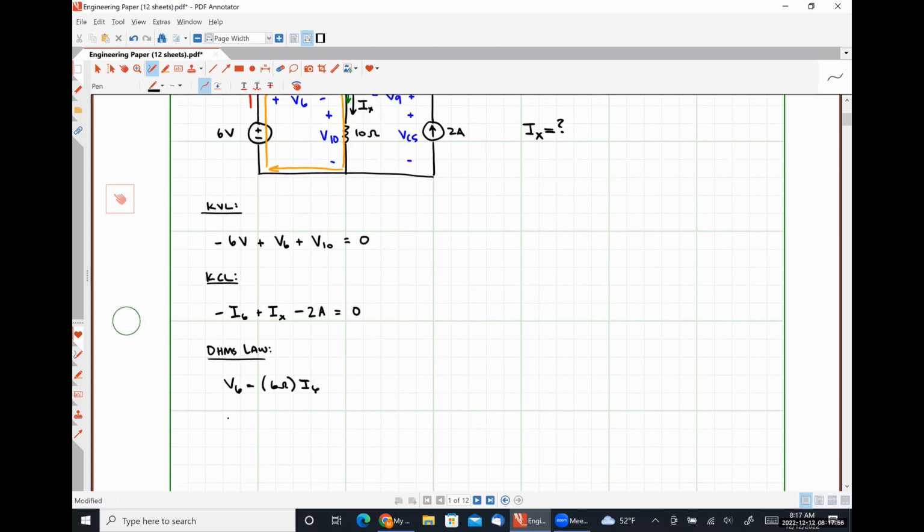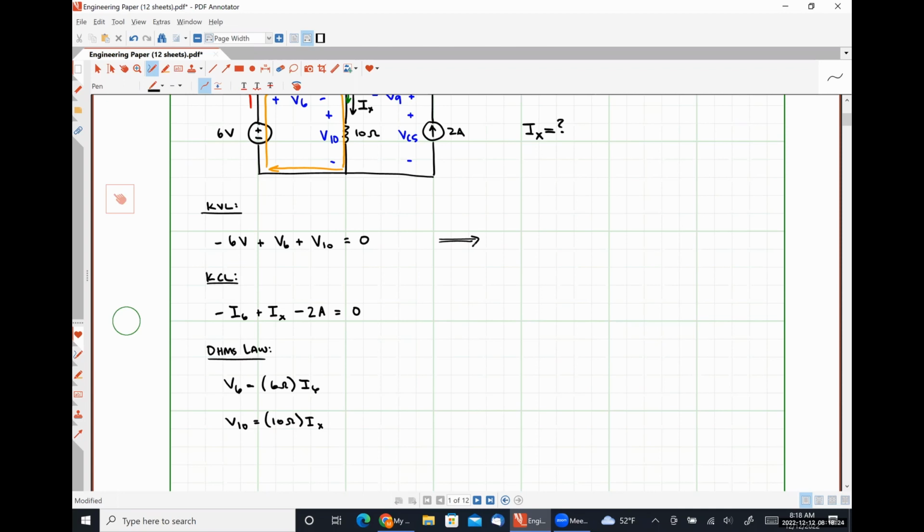And using Ohm's law, we can say that V10 is equal to 10 ohms times Ix. And what I'm going to do now is substitute these Ohm's law relationships into my Kirchhoff's voltage law relationship and do a little bit of algebraic manipulation.